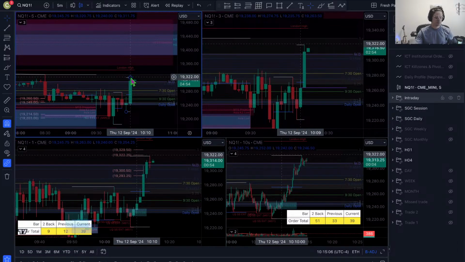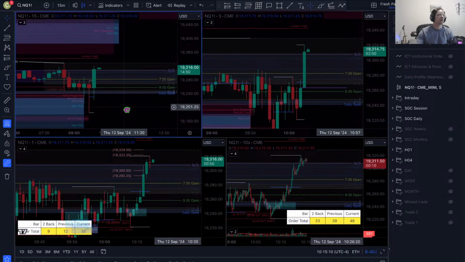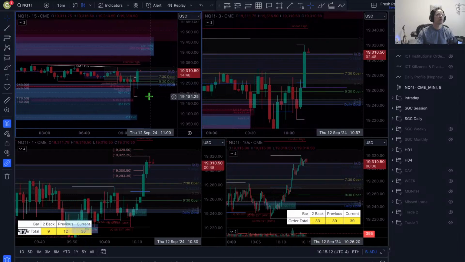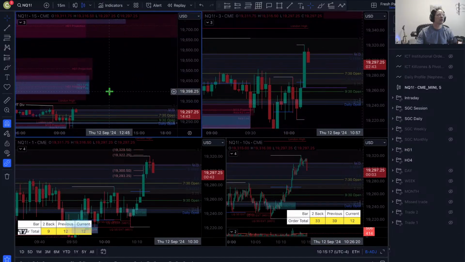Seeing some, not all. Let's look at our 15 minutes. Could be really bullish now too. So now we got this 15-minute sort of projection there. I mean, we've got targets.